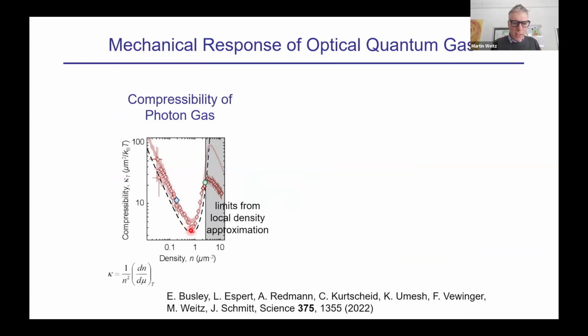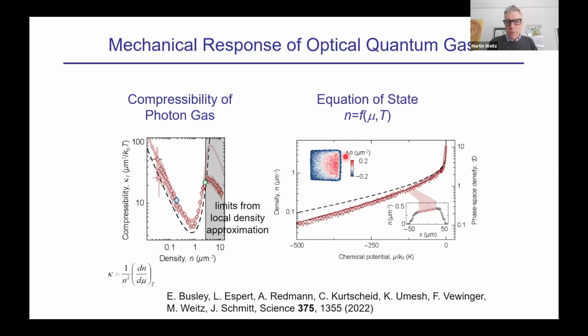And as this is reached and the spatial de Broglie wavelengths overlap, then Bose-Einstein statistics sets in, and we do populate low energetic states. Then it becomes easier to compress again, and the compressibility increases, up to the point that we reach the limits of the local density approximation that is used here. And we can also determine the equation of state, which you see here as a function of the chemical potential of this optical quantum gas.